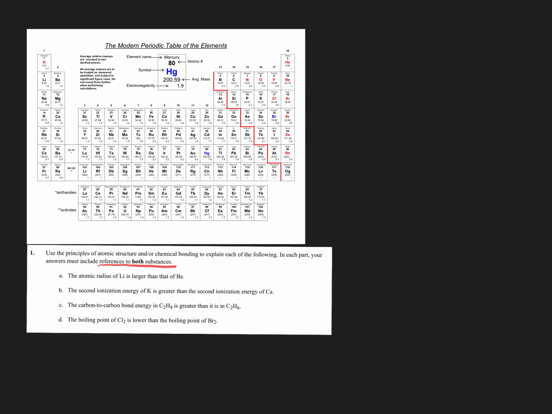All right, the second one is the second ionization energy of potassium is greater than the second ionization energy of calcium. So we're going to be comparing the second ionization energy of potassium is greater than the second ionization energy of calcium.